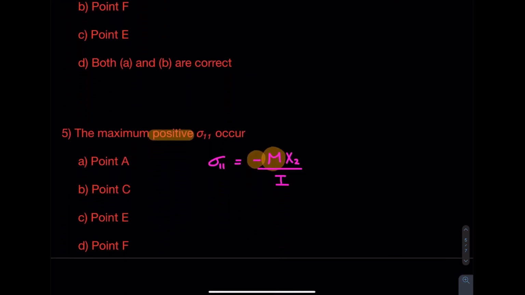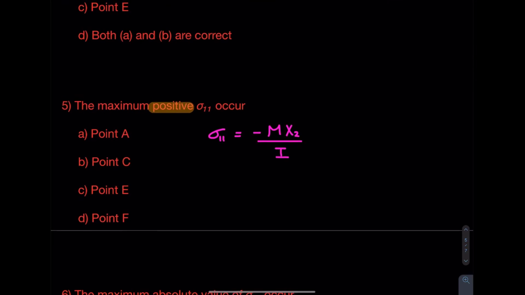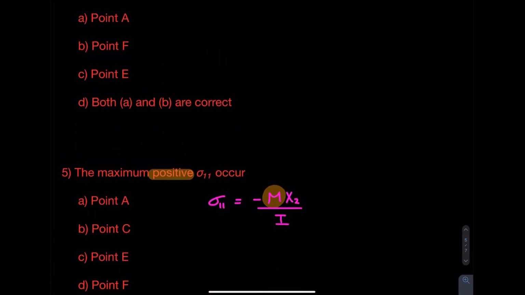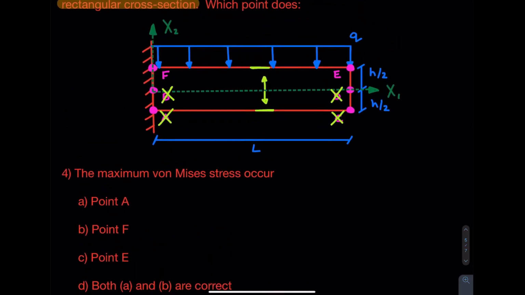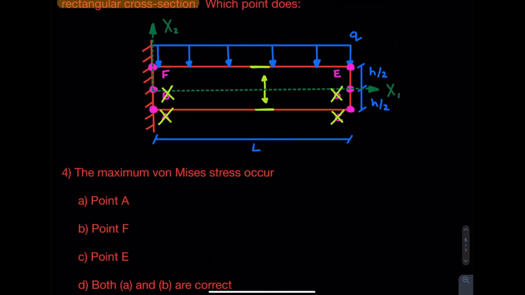So I'm going to come down here and we're going to look at the rest of the formula. The last thing that we haven't discussed is the moment. So sigma 11 is going to be directly proportional to that moment. Therefore, my maximum sigma 11 will be the point where my moment is going to be the greatest. And we know in cantilever beams, the moment is going to be greatest at the support.